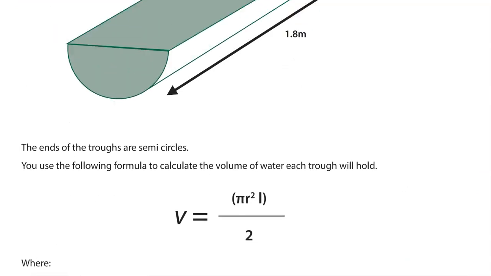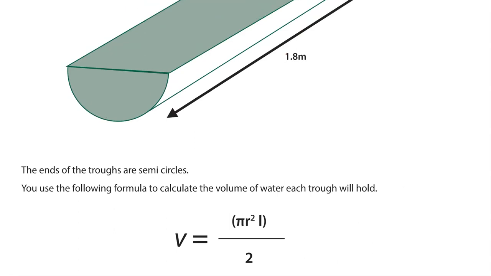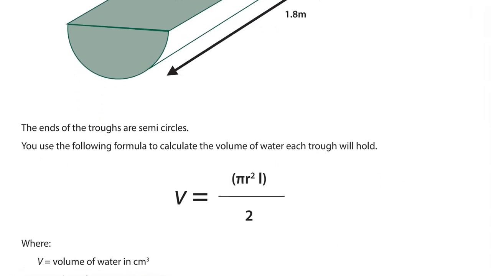So we're gonna need to work out the volume. So replacing the letters with the values. So instead of pi, we're going to put 3.14. There is no symbol, which means multiplication.